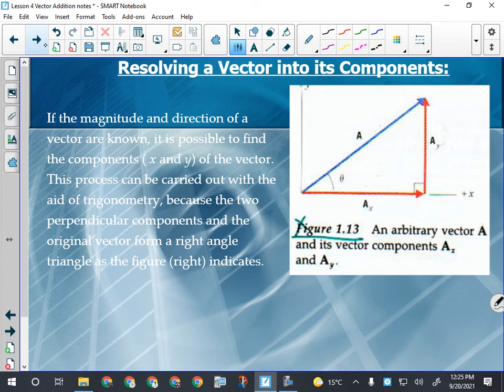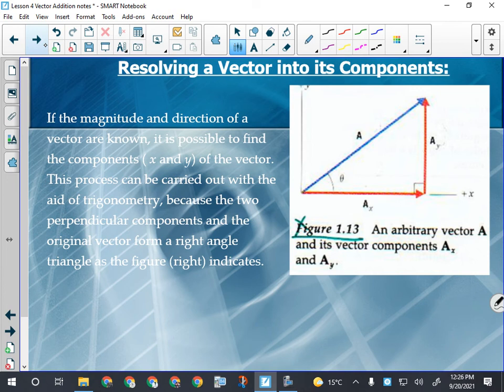Now, how many pieces of information do I need to know about a triangle in order to find out everything there is about it? 2. I either need 2 sides, or I need an angle and a side. From there, I can calculate everything else about that particular triangle. We're always going to have a side and an angle in this case, because we're always given magnitude, the side, and direction, the angle, for any vector quantity.